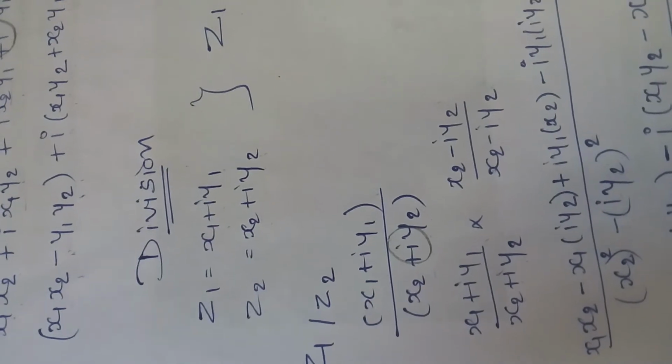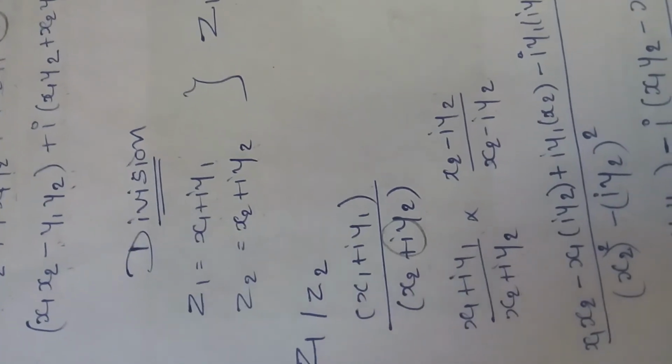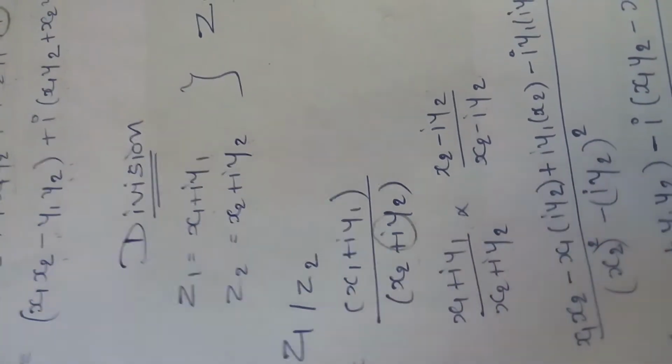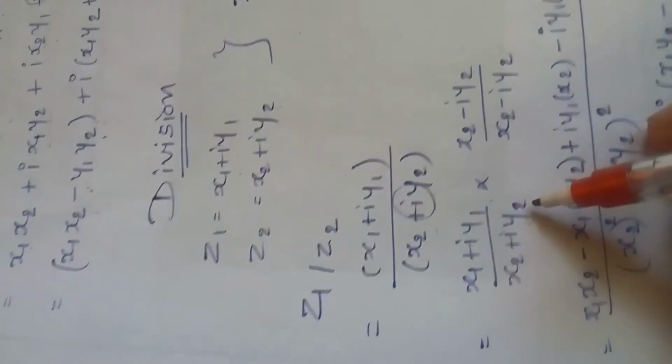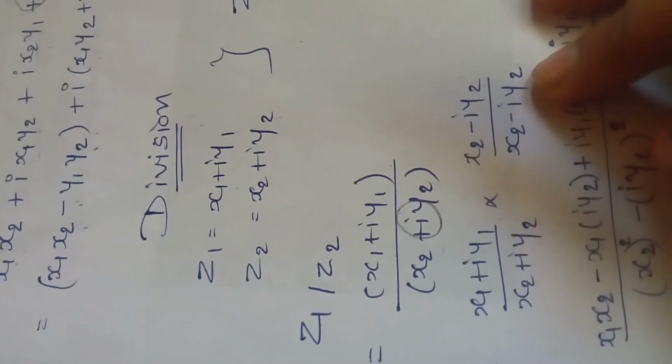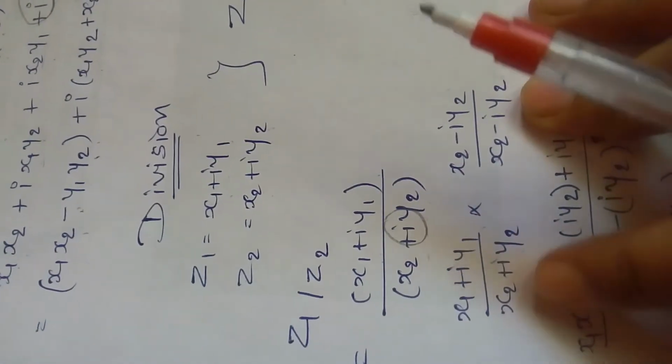So what do you need to do to solve this? Simple: the denominator x2 plus iy2 will be multiplied with x2 minus iy2, which is the conjugate of x2 plus iy2.